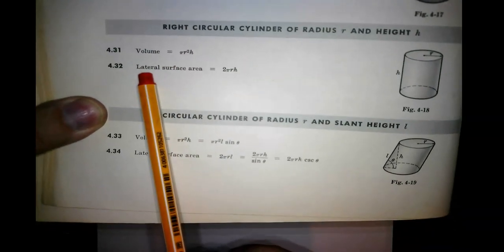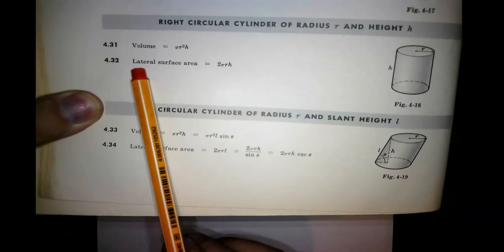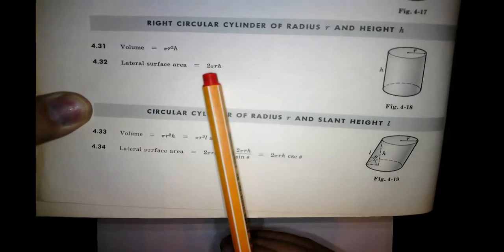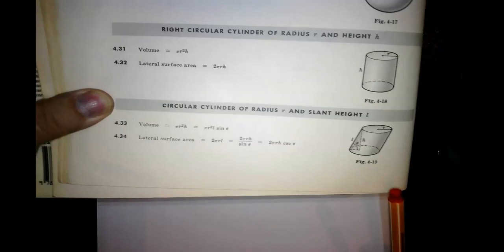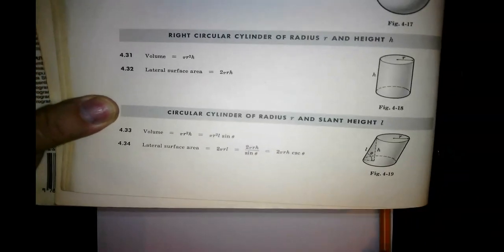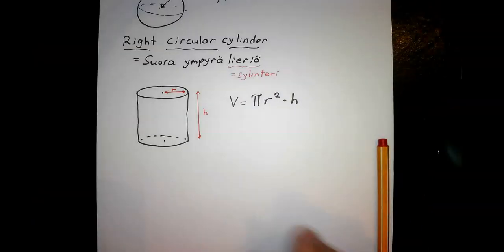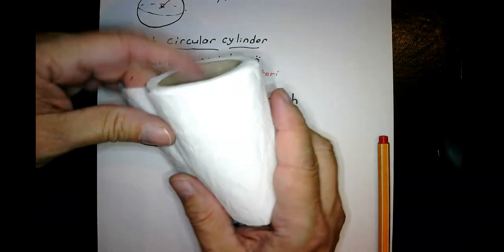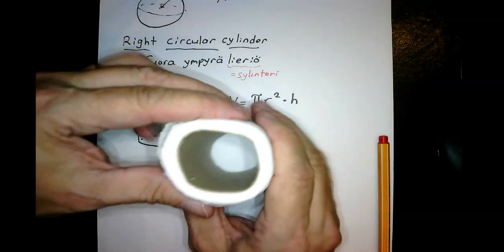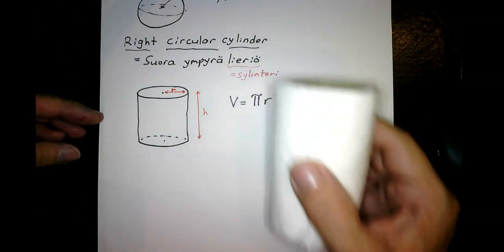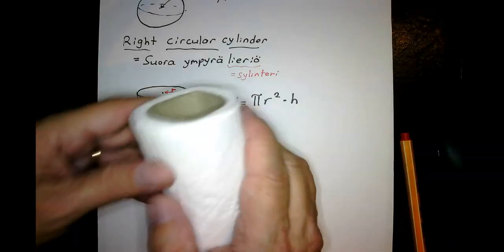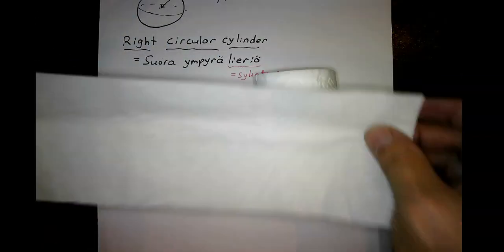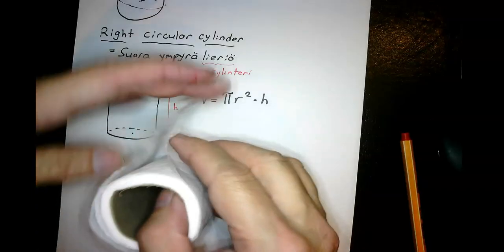There is also this kind of formula in this book, lateral surface area, and in Finnish we would say vaipan ala. This is called vaippa. Well, I've been ill, so I have toilet paper here in my room. So this is actually the right circular cylinder, and this paper means the area of the lateral surface.